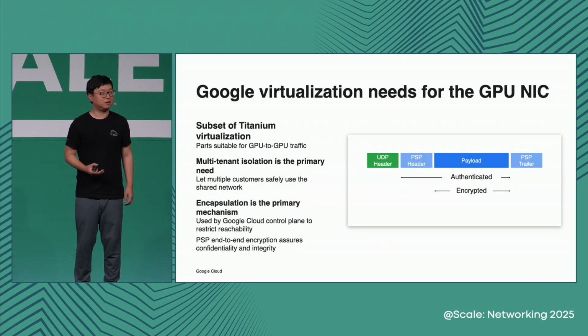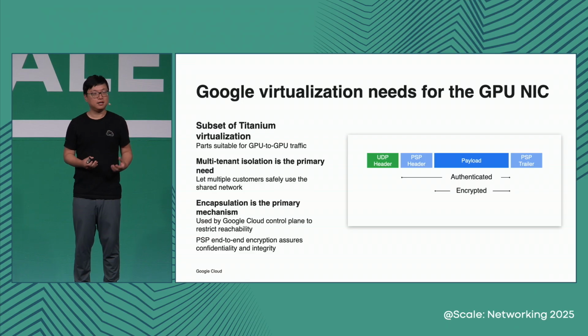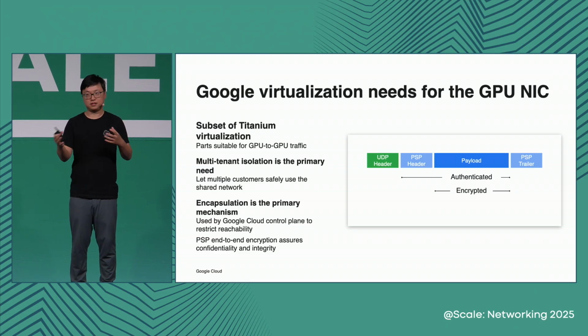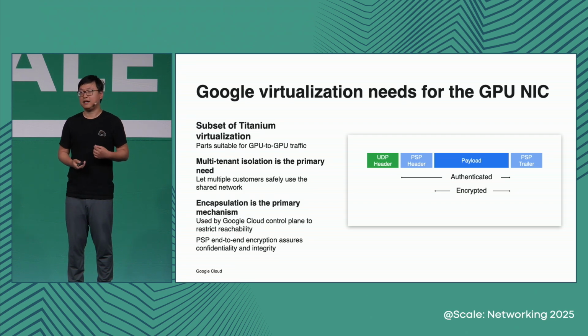Let's start with some context for virtualization. So as Chang mentioned, this GPU network is a dedicated east-west network, handling primarily traffic between the GPUs. And therefore, only a suitable subset of the traditional virtualization features apply to this network. And the main purpose is to provide isolation between multiple tenants.